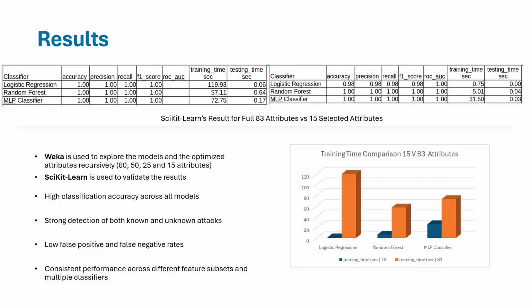Therefore, we reduce from 83 features to just 15, with almost no loss in accuracy. This shows that many features in IDS datasets are redundant and can be safely removed without sacrificing performance.